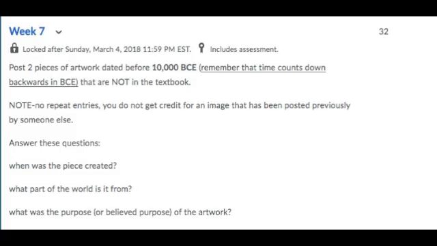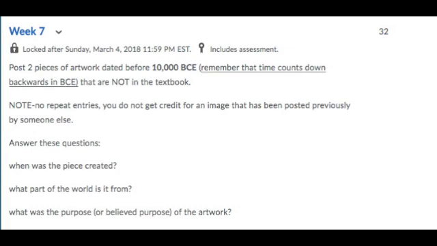Our assignment for week number 7 was to post 2 pieces of artwork dated before 10,000 BCE. There's a note to remember that time counts down backwards in BCE, so something that was 3000 BCE, for example, would actually be after 10,000 and not before. The goal was to post things that are not in the textbook.